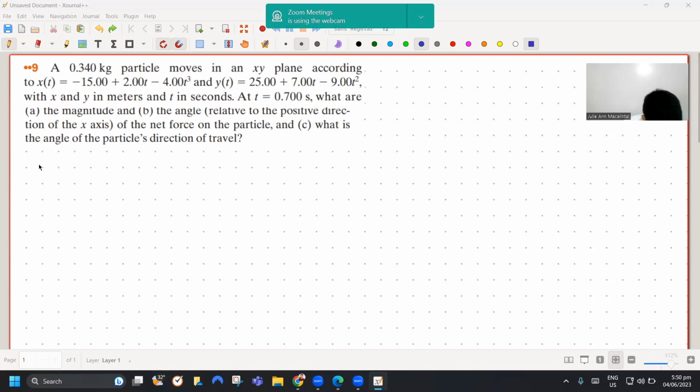So, ano kasi yung kanina? Yung position, yung velocity and acceleration. Teka lang po, inaalala ko. Hindi. Isulat mo na. Madali na ma-compute yan, di ba? May dx dt, ano?